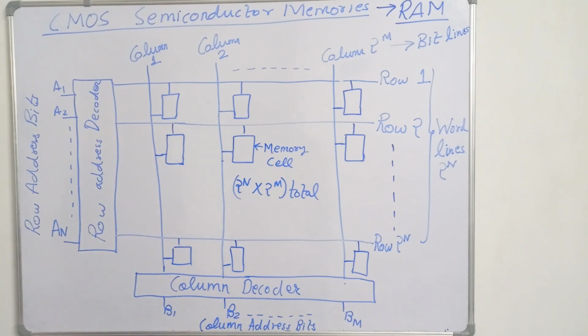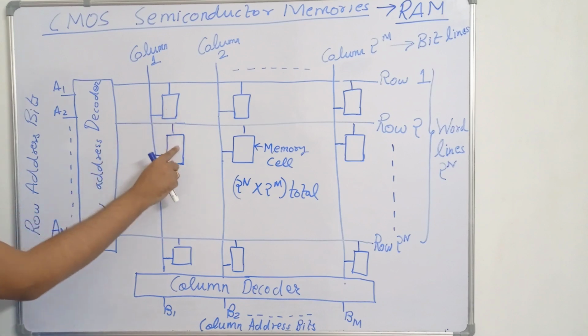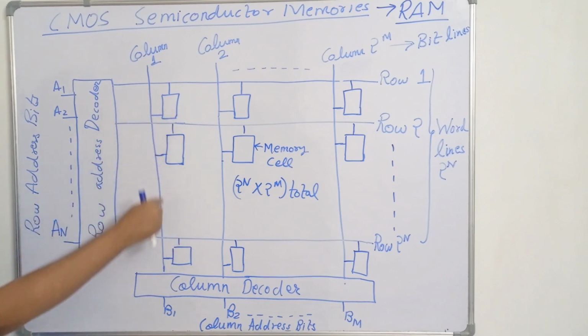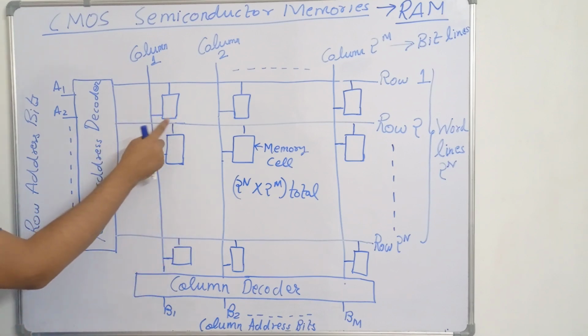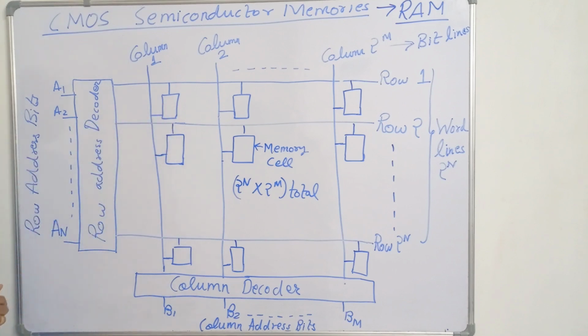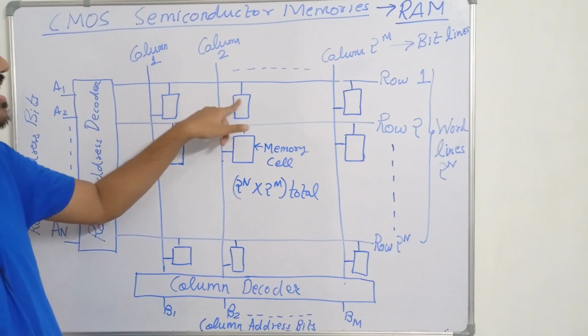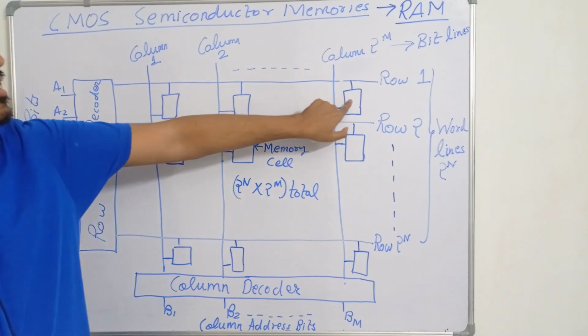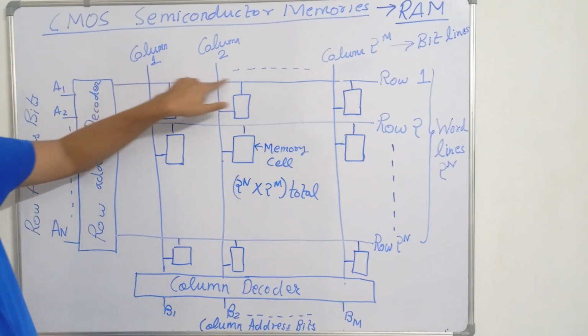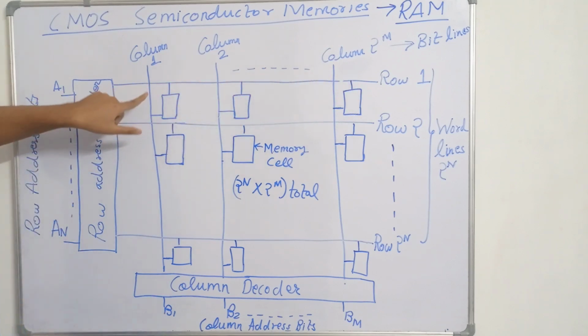Also each cell shares connections with other cells in the same column. So this cell, this cell, this cell, these all are sharing the same connection. As well as each cell shares a common connection with all cells in the same row. So this cell is sharing a connection with this cell and this cell. All these cells are connected via the same connection.